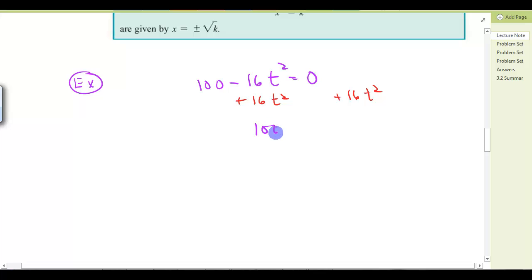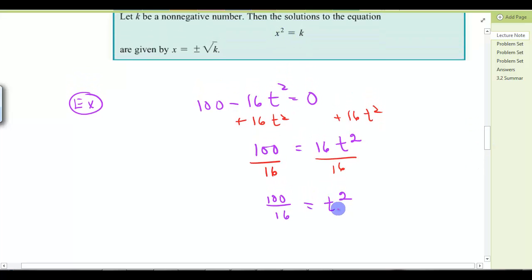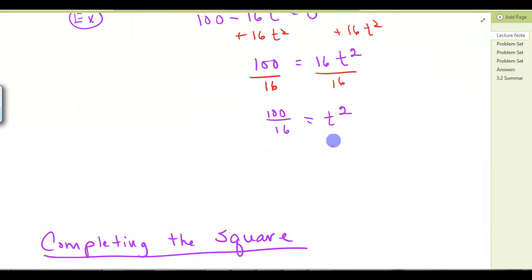So now I have 100 equals 16t squared. If I'm solving for t, I want to then divide both sides by 16. So 100 over 16 equals t squared. So now I have that square root property, t squared equals a number. So I'm going to take the square root of both sides.